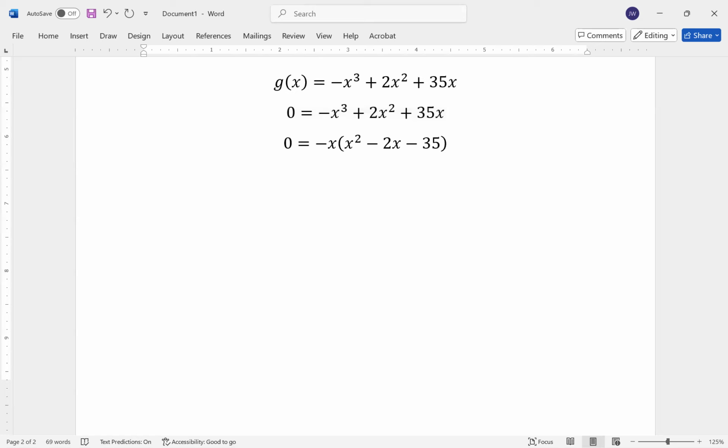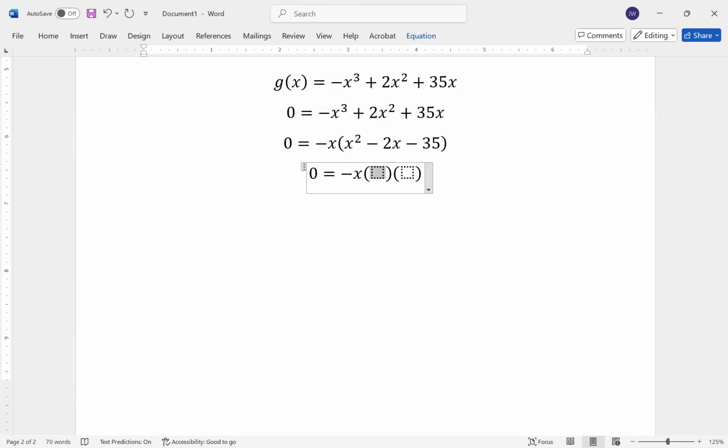Again, I have something multiplied times a quadratic, which has a 1 in front of the squared term. I can factor that quadratic into 2 linear pieces.